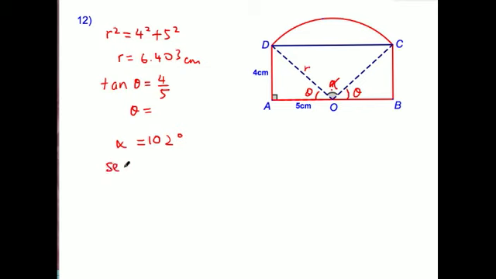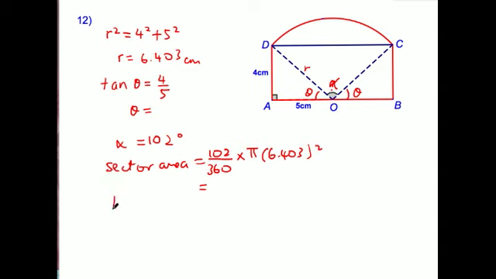Once we have found the angle and the radius, we can find the area of the sector. So the sector area is 102/360 times pi r squared. Then we add the area of the two triangles, which is half base times height, half 4 times 5.